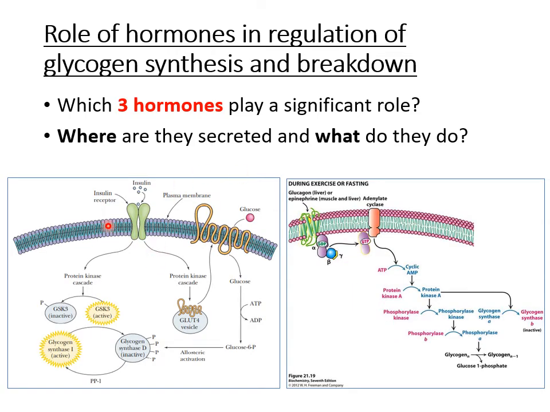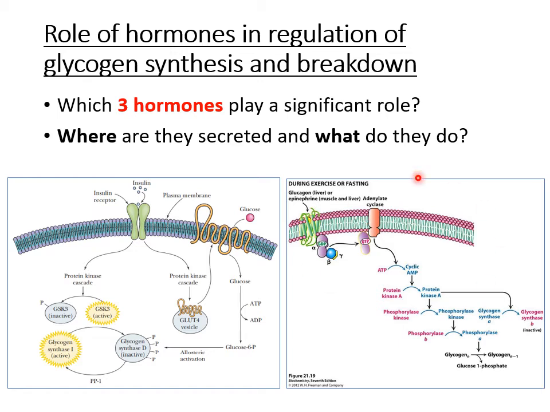So this one is showing the exact cascade pathway that will occur to activate the glycogen synthase and the enzymes responsible for converting glucose into glycogen in the nice stored form.